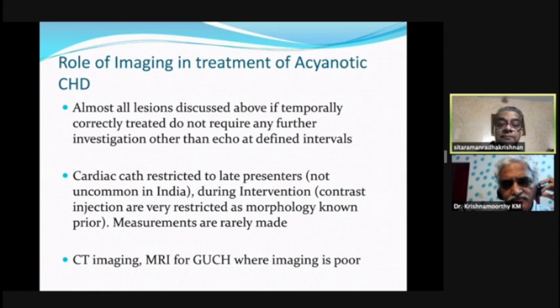And that is why I emphasized that all adolescents and adults should have a prior transesophageal echo before you embark on a device closure in the cath lab, because it can become very embarrassing in the cath lab when you come back and counsel the parents and say, oh, I'm sorry, I did a TEE and I found that it is not suitable. That is not acceptable, because all adolescents and adults can have a TEE as an outpatient.